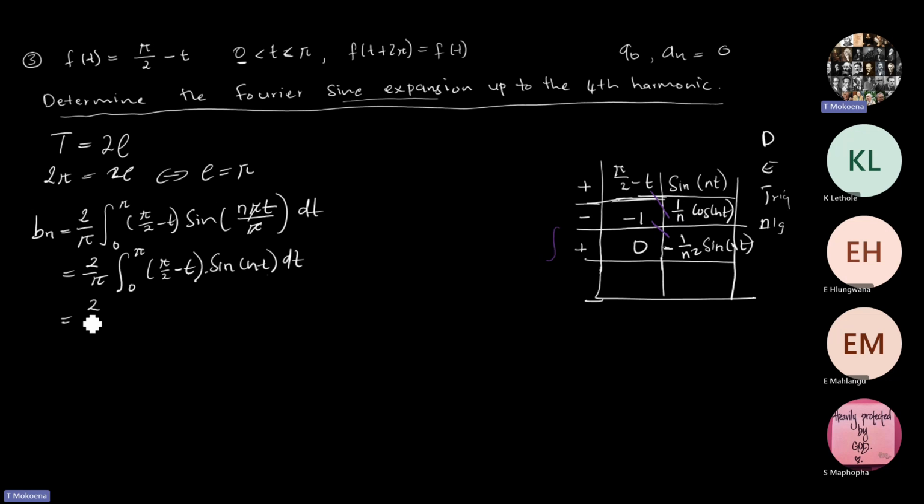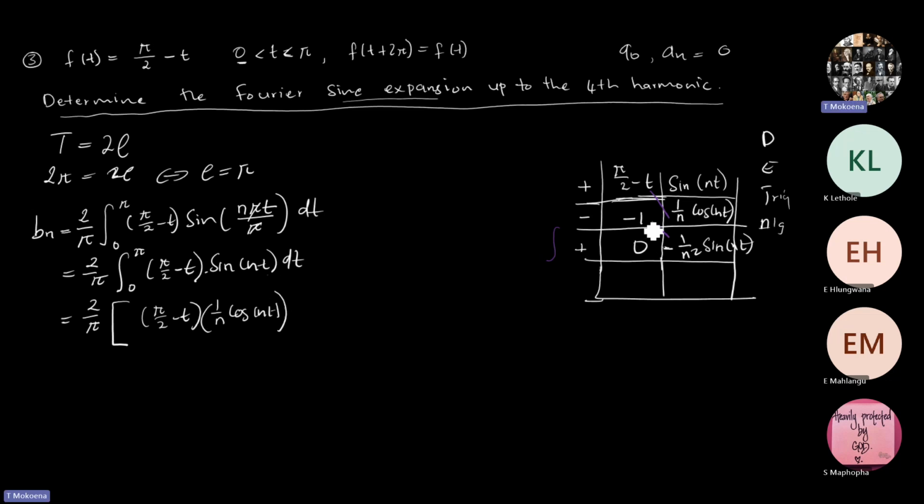So here we have 2 over pi, square bracket. What is the integral of this? We take it from here. We're going to say this multiplied by that: pi over 2 minus t multiplied by 1 over n cos nt, right?